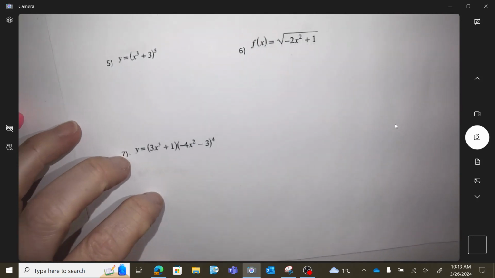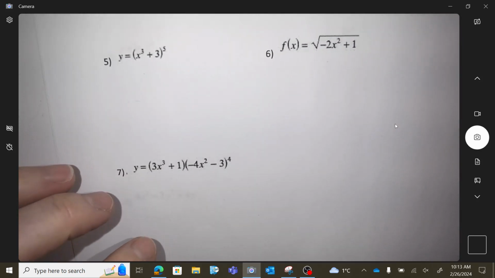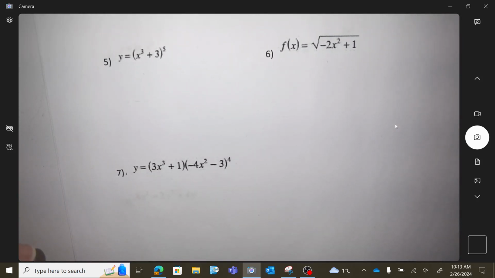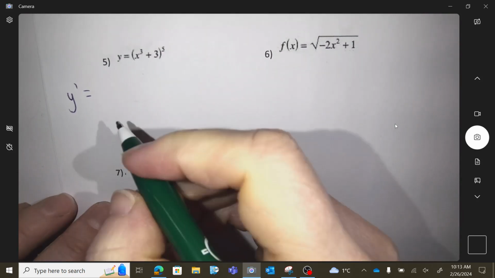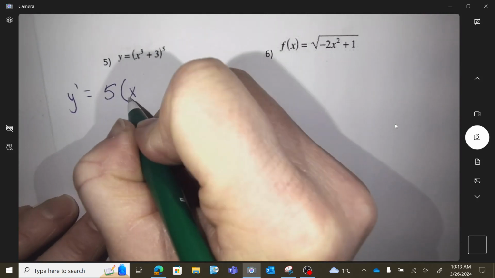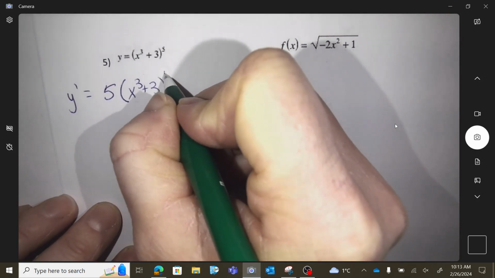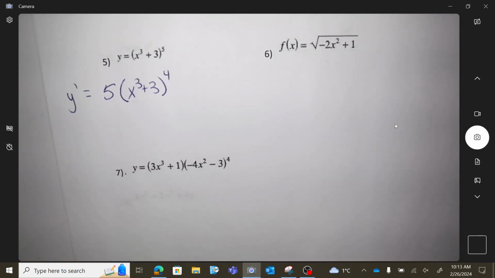Okay, number 5 is what do you call this one? Chain rule. Okay, so we need 5 of those to the 4th. 5 of those to the 4th.